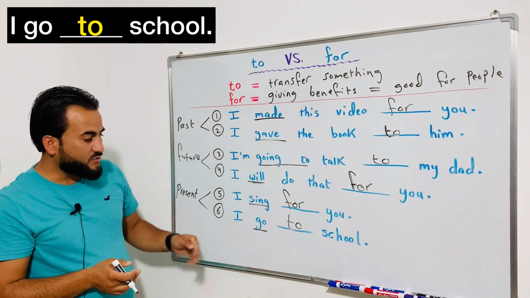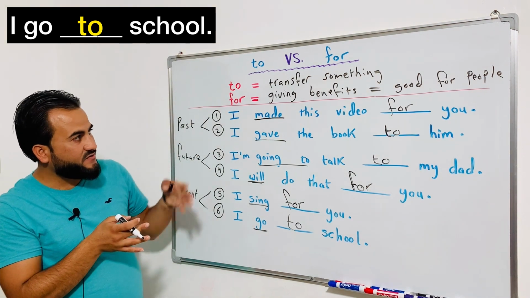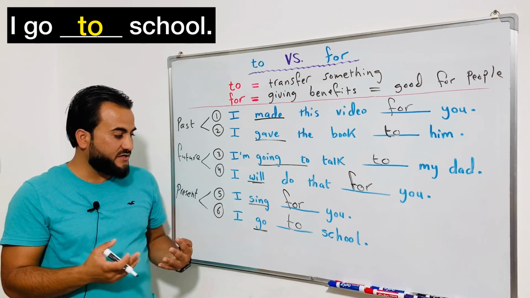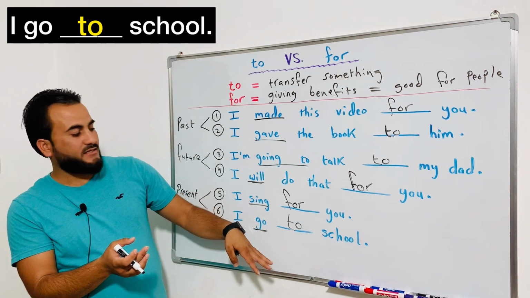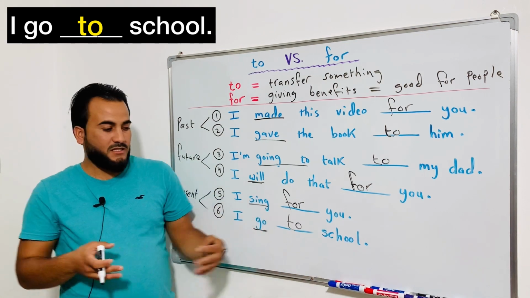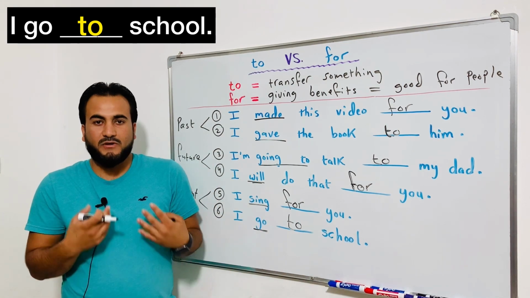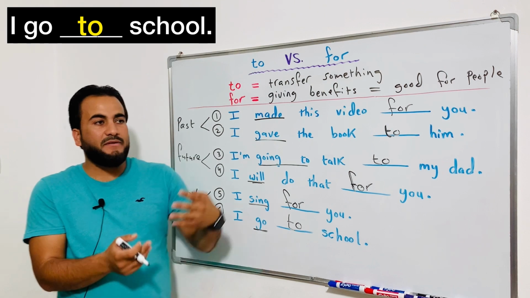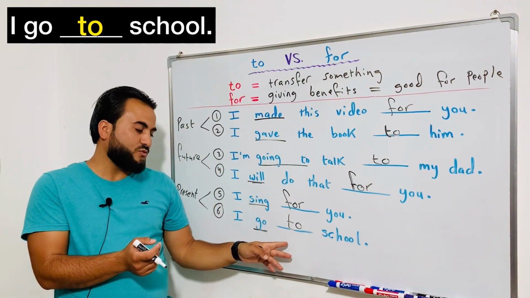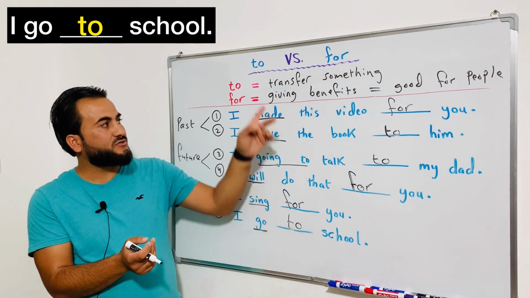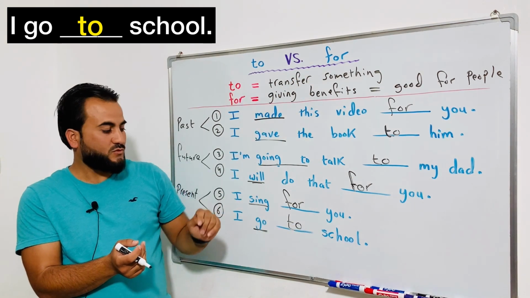Why? So here I'm transferring my body. Transfer body. فأنا بدي أنتقل إلى المدرسة. بدي أنقل حالي. My body. جسمي إلى مكان معين. فبنستخدم to. I go to school. Transfer something. Okay?